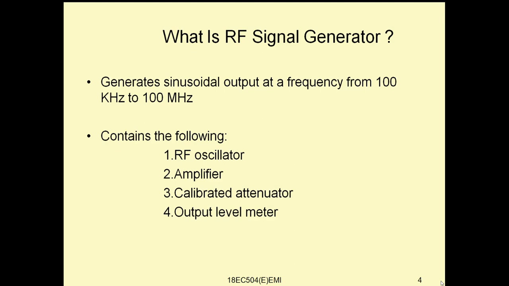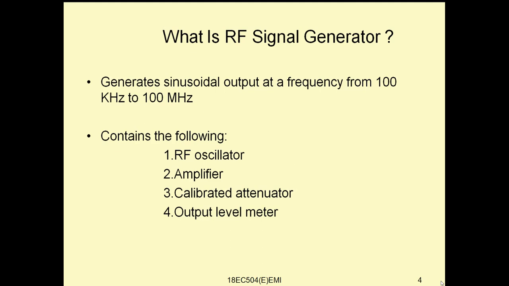The RF oscillator is used for frequency and frequency range selection and getting the final frequency output. The amplifier amplifies the signal that it gets from the oscillator. The purpose of the calibrated attenuator is to attenuate the output voltage levels, so every time the frequency changes, it has to be reset to the calibrated point.